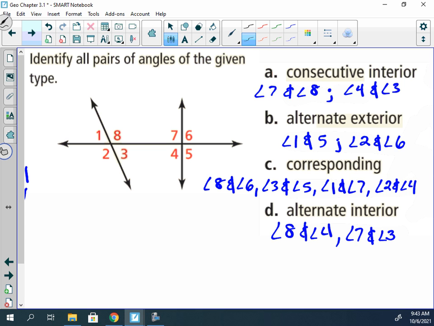Right, because corresponding means they're corresponding to each other. They're matching up. So 1 is above the transversal and to the left. So I'm looking at the other set of 4 over here and seeing which one's above the transversal and to the left, and that would be 7. So we're seeing which ones match up. Now, answered your question?